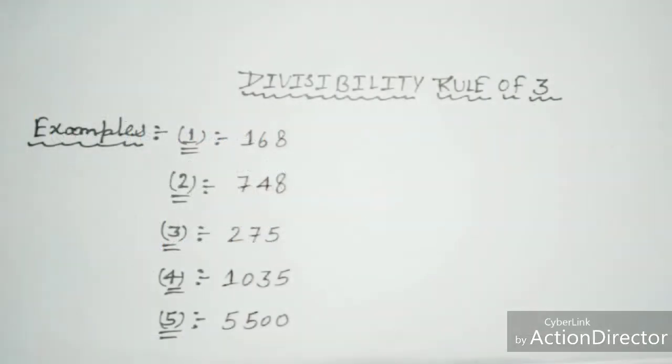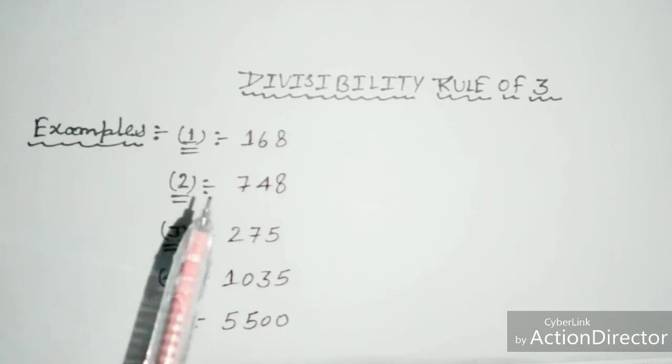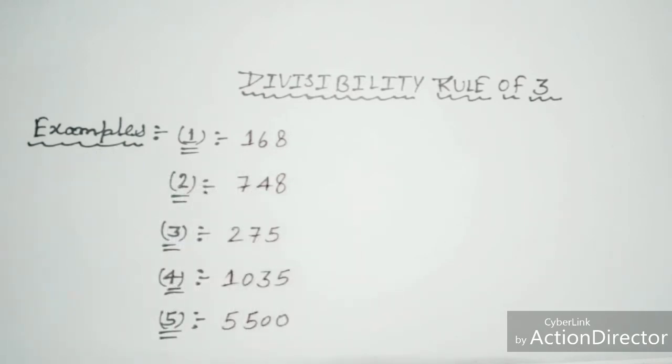Now some more examples related to the divisibility rule of 3. Example number 1, 168. The divisibility rule of 3 says that first we add all the digits of the number, and if the sum of the digits is divisible by 3, then the number is divisible by 3.